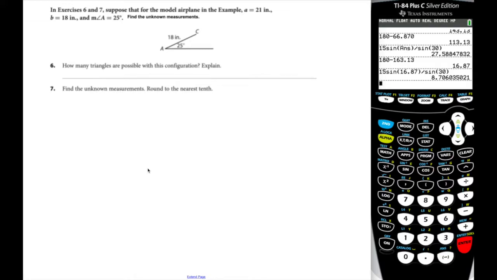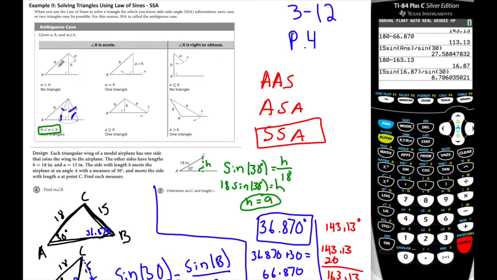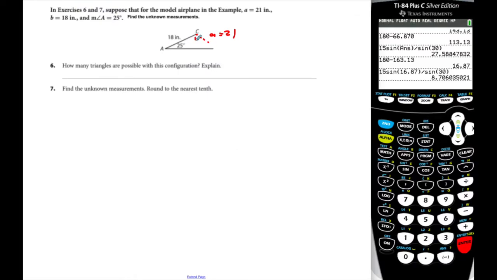So already the side that is opposite of A, we don't know how it lies yet, but for now we know that it is 21 and it's more than B. So if we go back to this situation, we also know if we were to calculate the height, let's try this, the height is equal to 18 times the sine of 25.